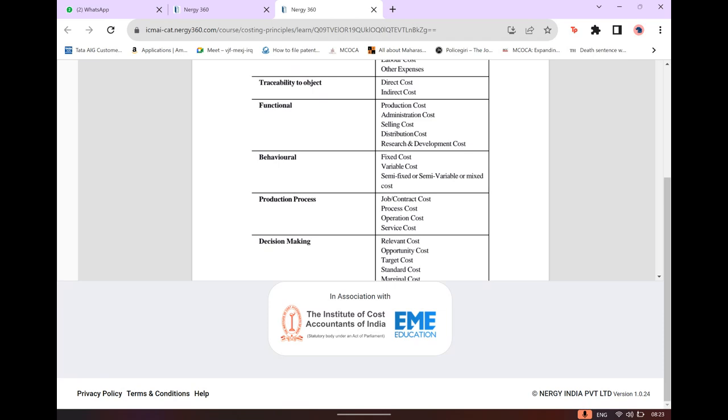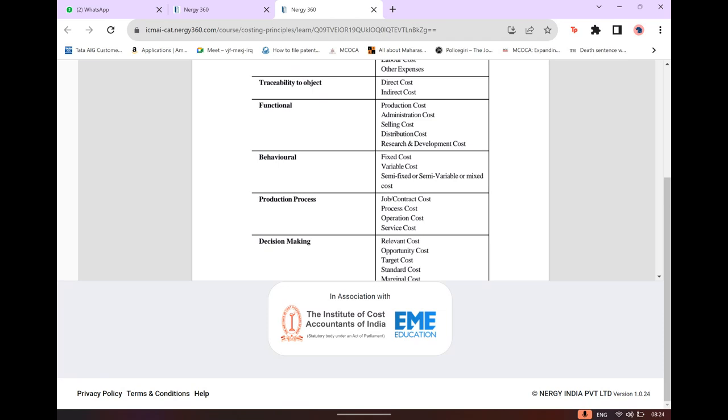To a certain extent it is fixed, and after one level of production, the cost will increase or decrease. So those are known as semi. Up to 10,000 units, it is fixed. I have to incur the fixed cost, and after that, the per unit cost will reduce. So that is the semi-variable or semi-fixed cost.